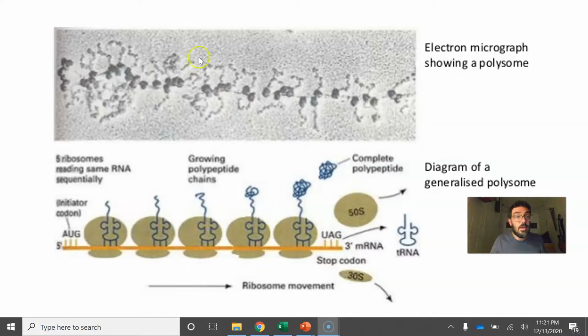Now, why do you do that? Because then we can make a whole bunch of copies. Let's say it's a cell in your pancreas, which is making enzymes for your intestines. That cell needs to make a huge amount of enzymes so that you can digest your food.